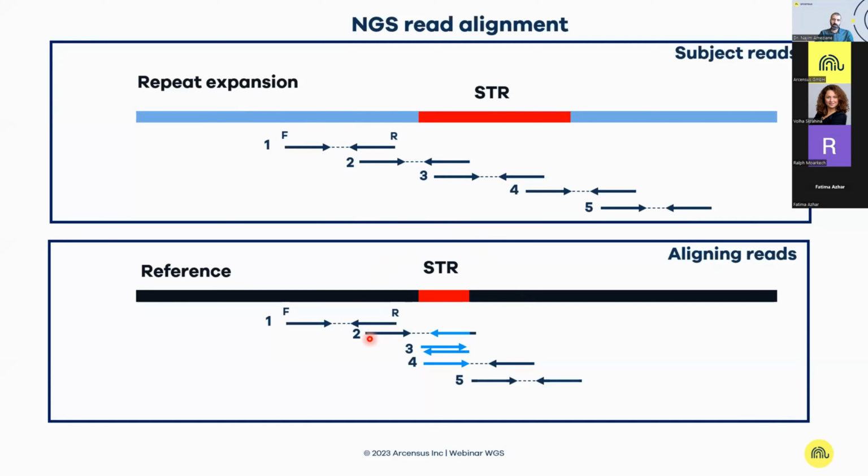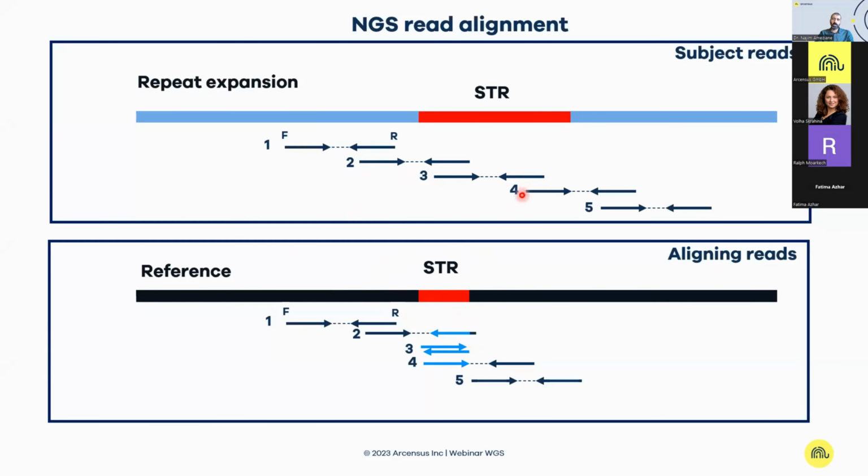And in this case, the forward fragment will align properly, just upstream of the repeat sequence, whereas the second fragment will align into the repeat expansion or the repeat sequence with a little bit of overhang, which is not fitting anymore. And therefore, it will be clipped. And then you have fragment 3, which is actually entirely coming from the repeat expansion.